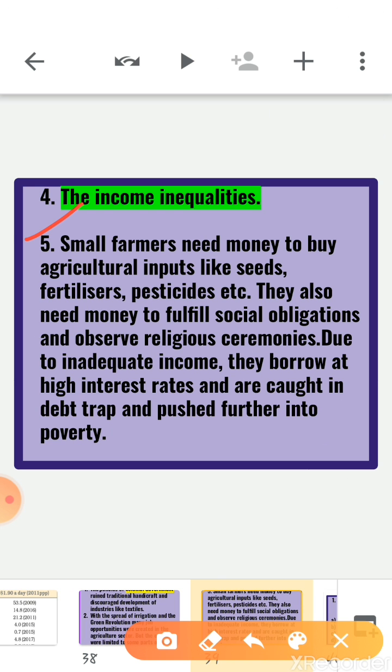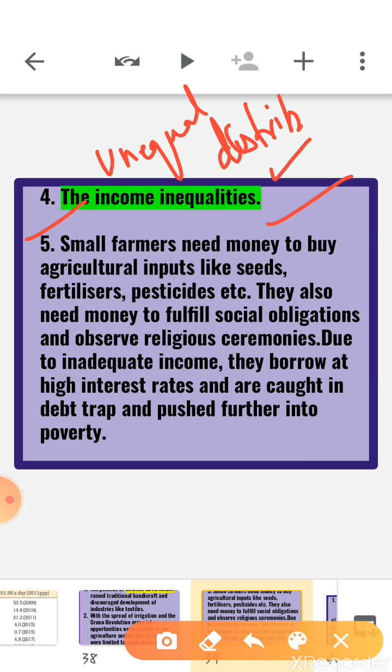Now, another feature of high poverty rates has been the huge income inequalities. Basically, one of the major reasons for this is the unequal distribution of land and other resources.